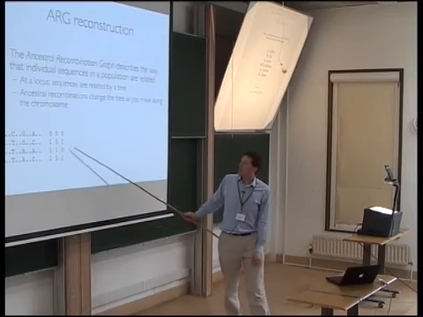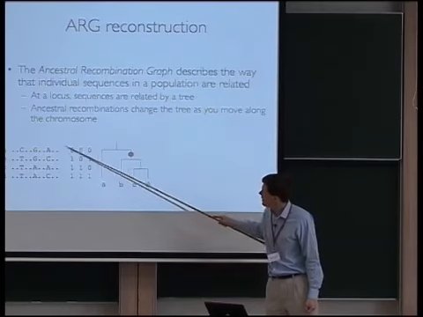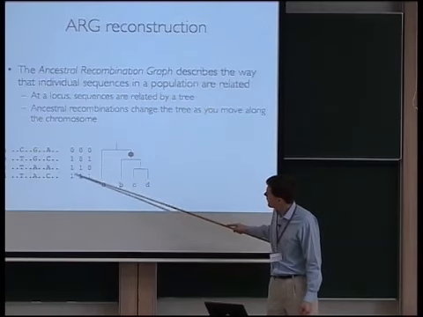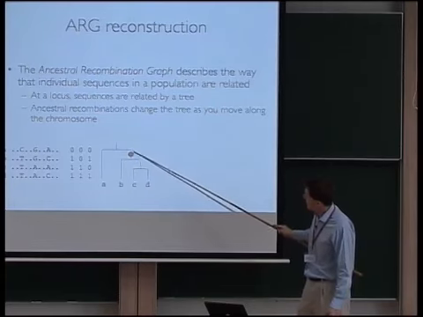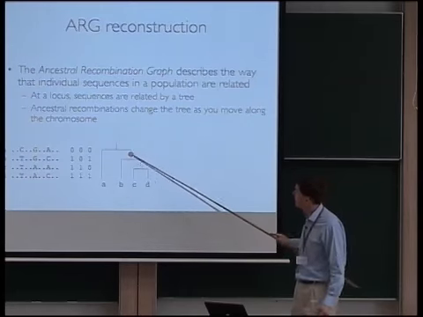You can express it in binary form. And here's a possible tree that explains the first position. So A is a C, or 0, and all the other 3 strains have a mutation, so there'll be that mutation.